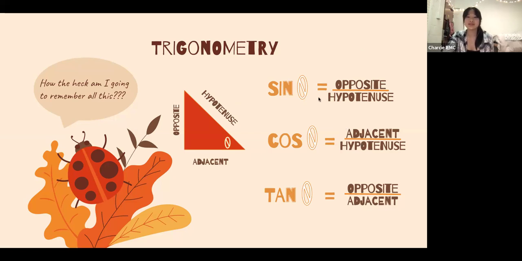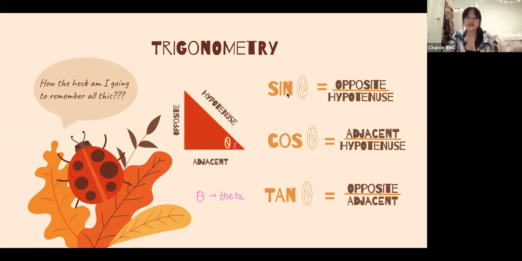Okay, so for sine, the first one is sine. So we have a symbol, similar to a symbol like X or Y. It's just like a number that represents an unknown value.